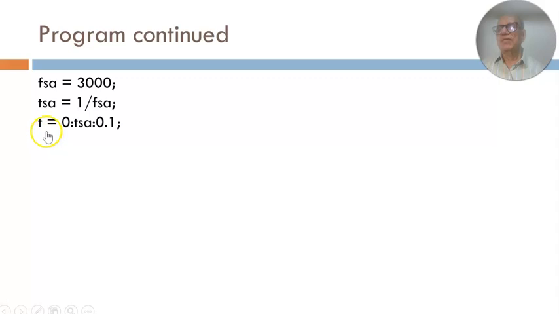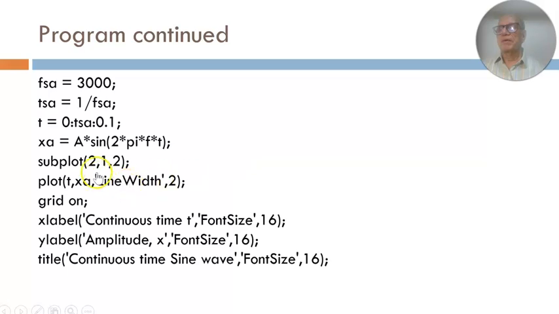Now you generate your T vector 0 to TSA, but now this is the point. We had plotted that over 0.1 second and we plot this also over 0.1 second. But in this case you will find that the analog signal will complete 3 cycles, whereas the discrete signal will complete only 1 cycle. So XA, amplitude of the analog signal, 2 pi ft, subplot 212.